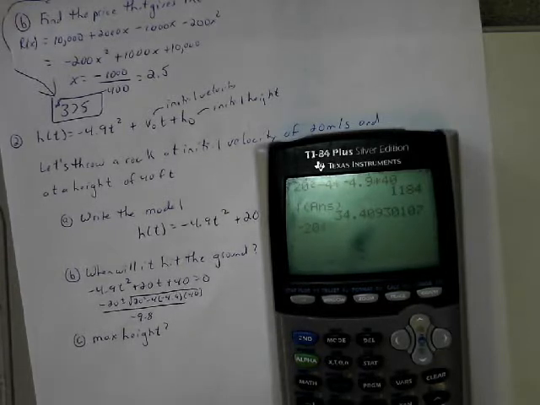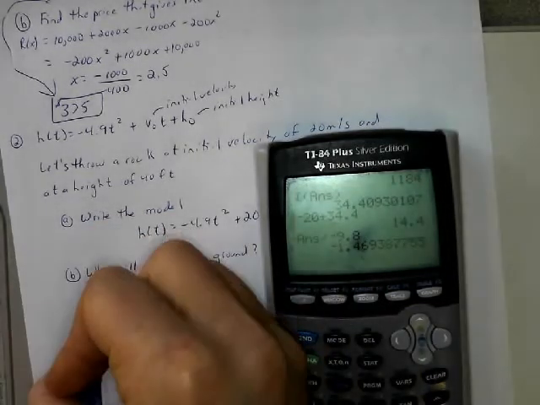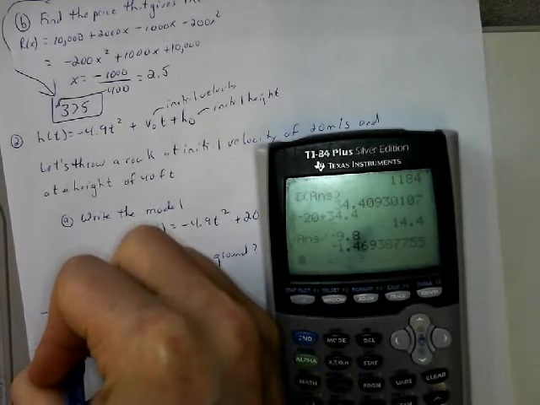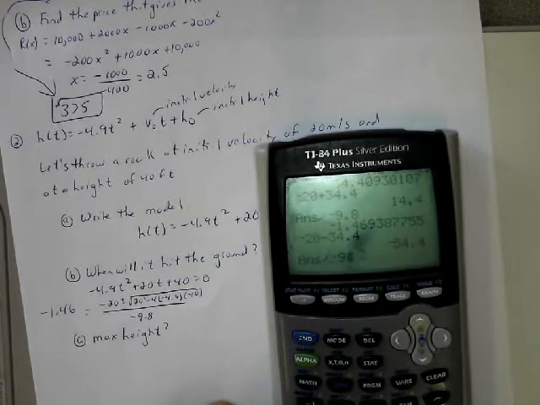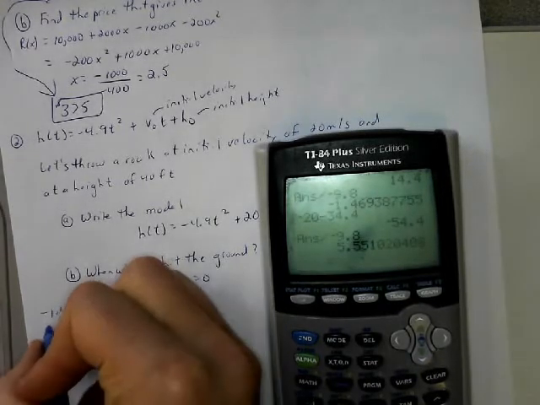So I have negative 20 plus 34.4 divided by negative 9.8. So our first value is negative 1.46. And the other value would be negative 20 minus 34.4, divided by negative 9.8 to give us 5.5.